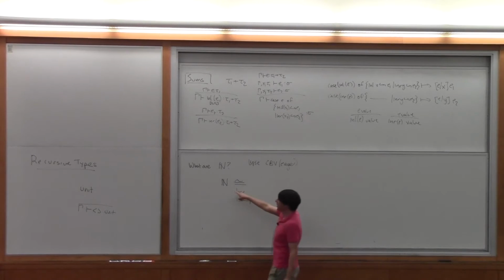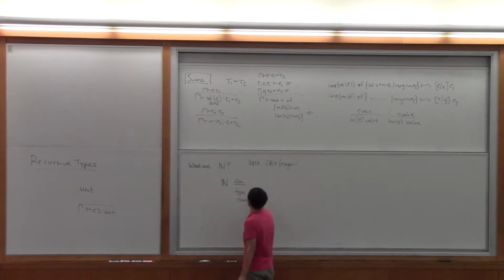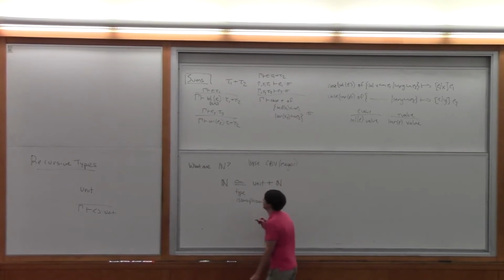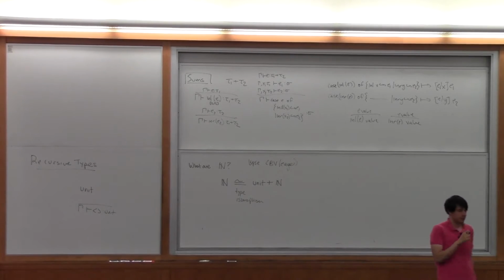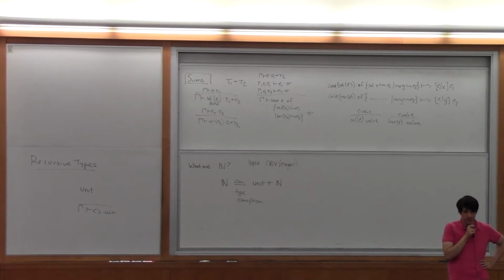So what can we say about the natural numbers? We can say that it satisfies the following equation. N is, in a sense, the same as unit plus N. Okay.